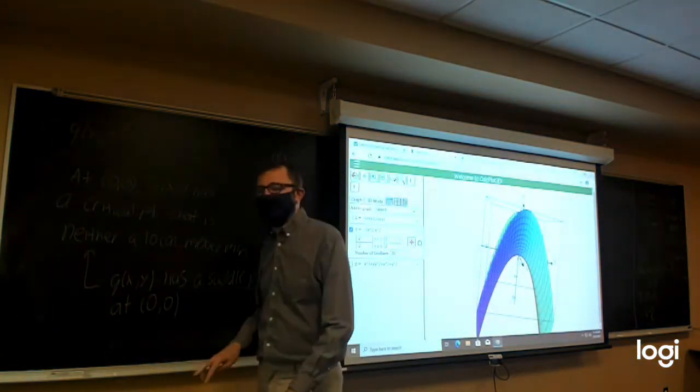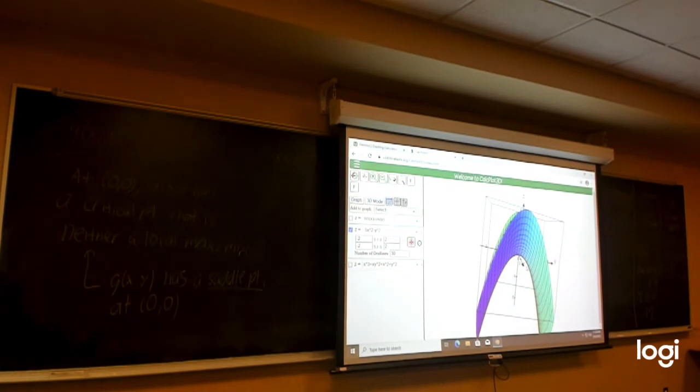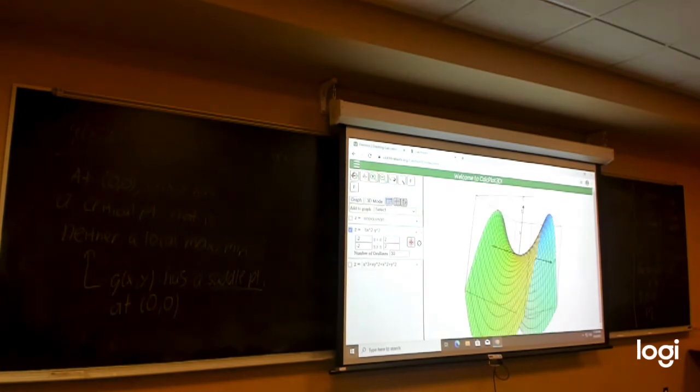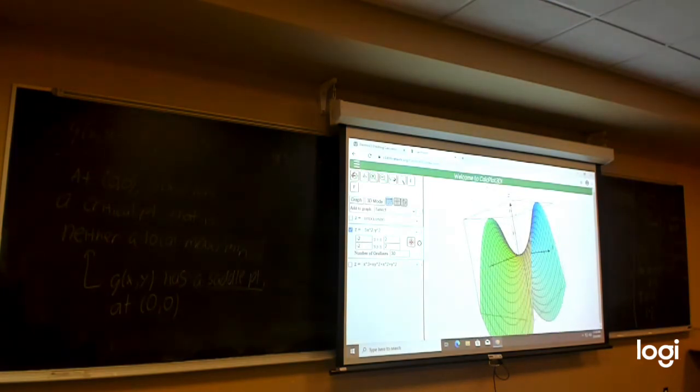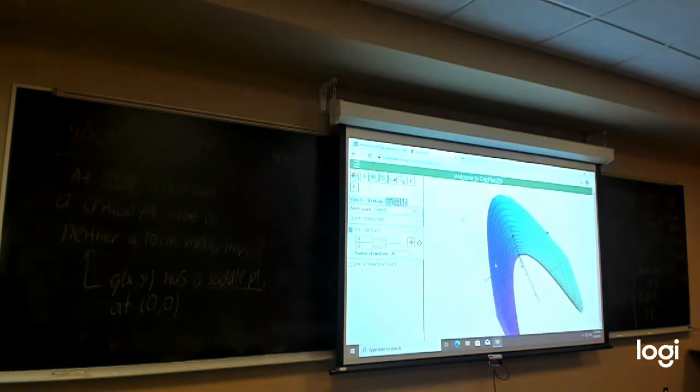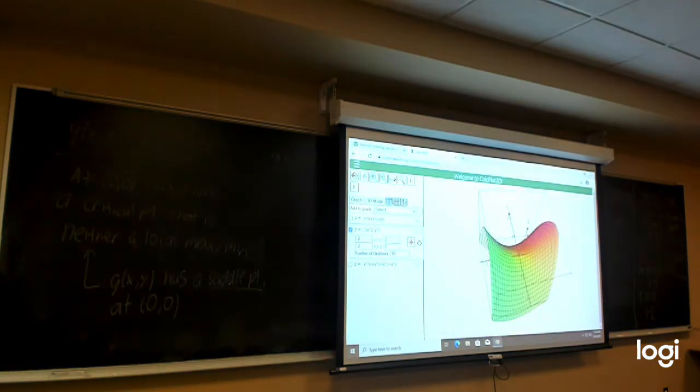So why do you think the name is saddle point? Why do you think this type of critical point that's neither a max nor a min might be called saddle? Any ideas? Brown? It looks like a saddle.